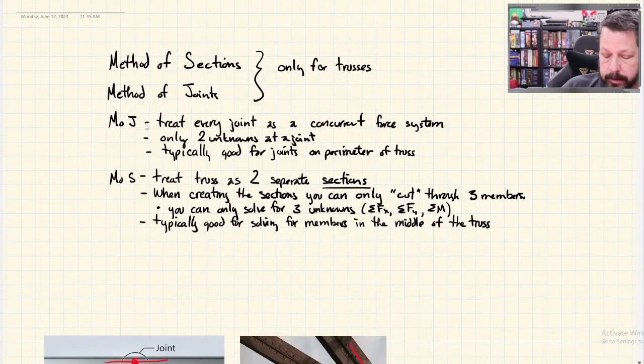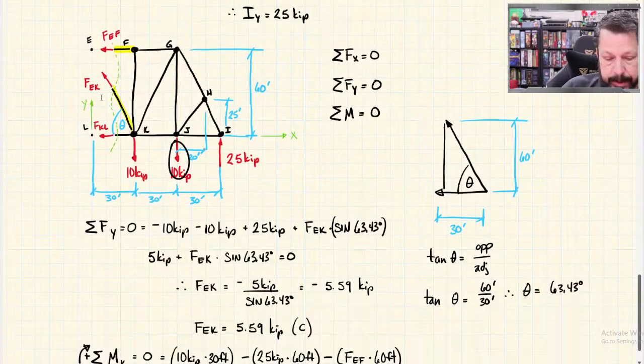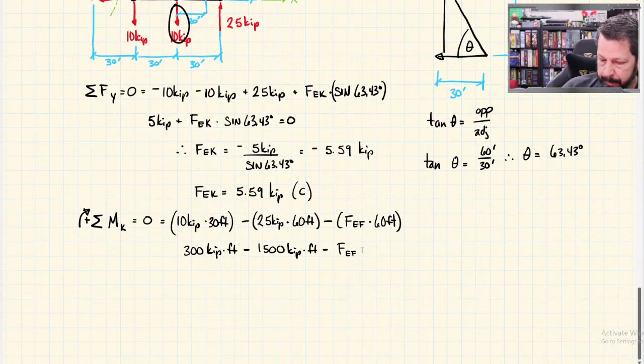So sometimes instead of writing FEF, people will write TEF for tension in EF, and then that even further solidifies that if you get a negative number, it's in compression, because tension is a positive force. So you might see some TEFs and TABs and that kind of stuff also.